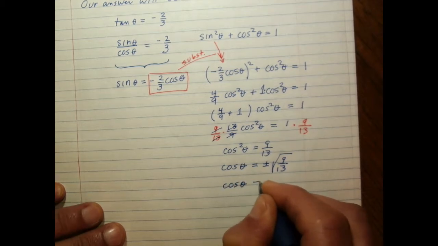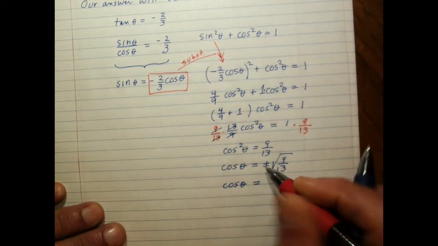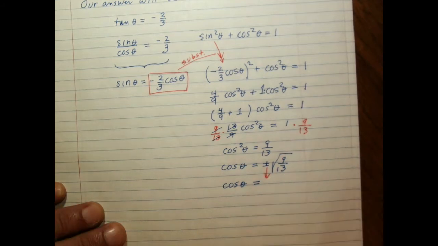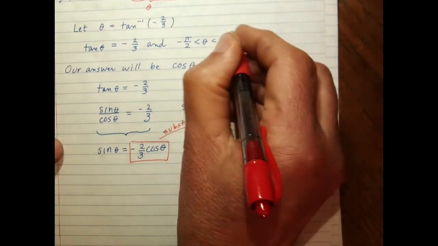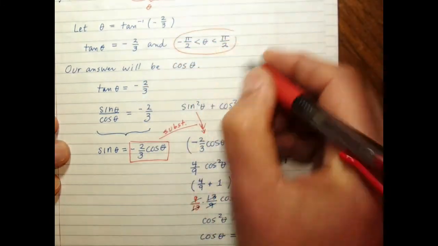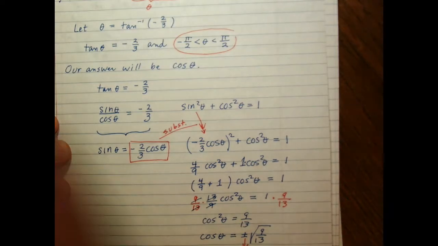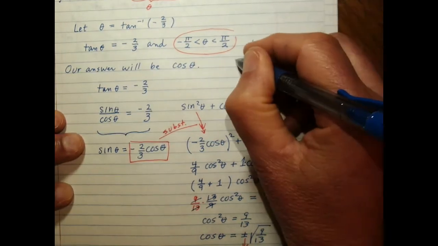Cosine theta is, can I make a choice of plus or minus sign? Well, we know from earlier in the problem that theta was between negative pi over 2 and pi over 2.